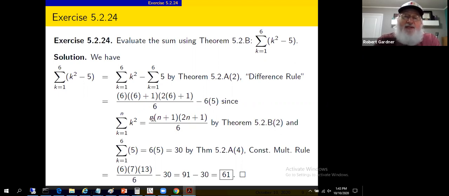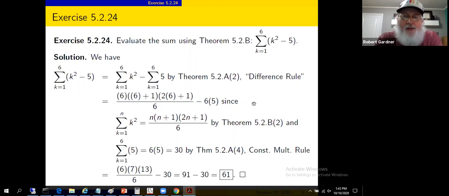So we'll simply plug 6 into this formula, and that's the sum of the first part. So 6 times 6 plus 1 times 2 times 6 plus 1. Substituting the 6 in, the parentheses indicate the 6's that have been substituted in. That 6 in the denominator was part of the formula, as are the plus 1's. So I put in parentheses the things that are substituted.